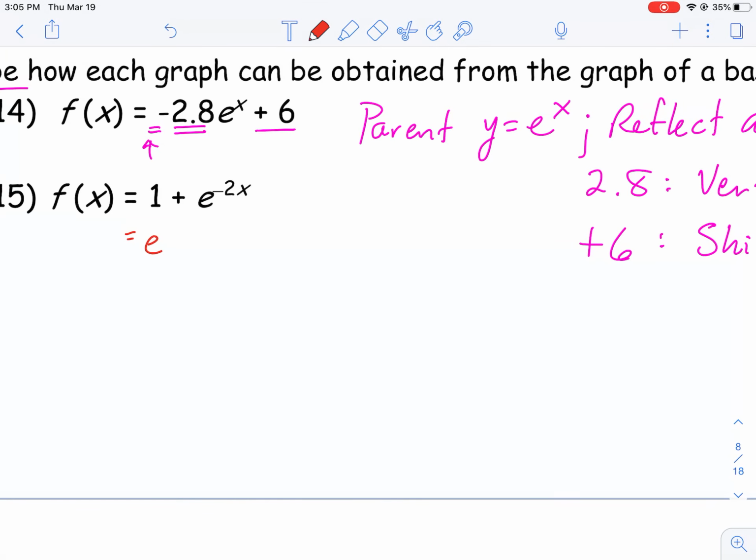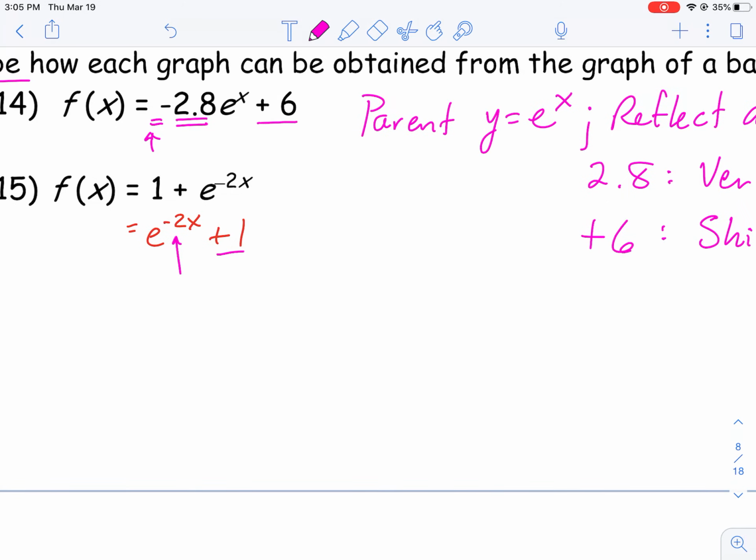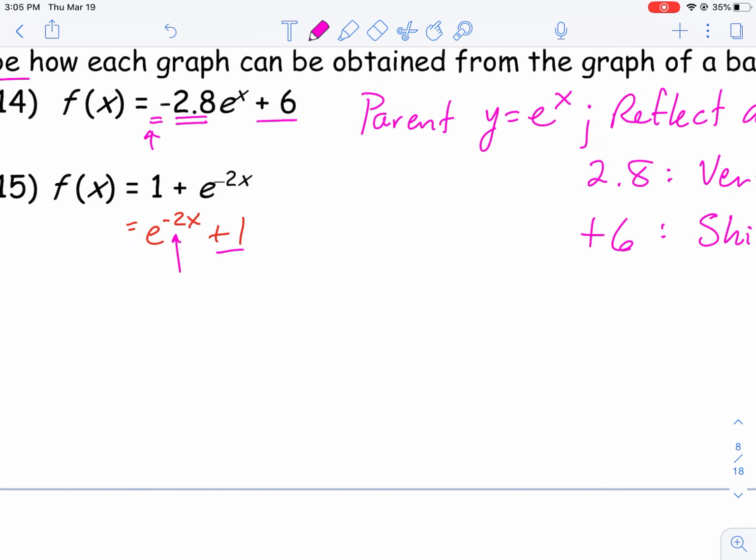Again, this is another one. It might be easier to see if we rearrange things a bit. Put that exponential part in the front. We see we have 3 things going on again. So we've got the negative here and the 2. There's really 2 things there. And then the plus 1. So again, same parent function. Here the negative is going to cause a reflection.